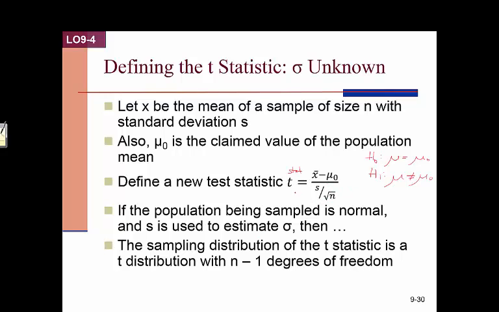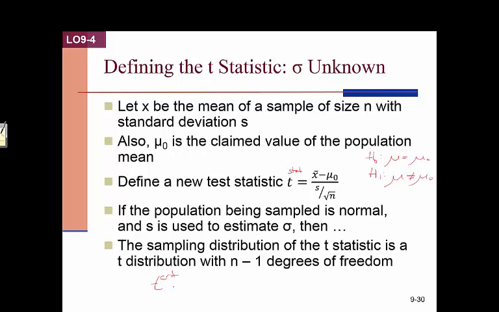And then you find either the p-value based on that t-stat and compare with alpha, or you compare it to the t-critical value that is dependent on sample size, and that dependence is on degrees of freedom, n minus 1.